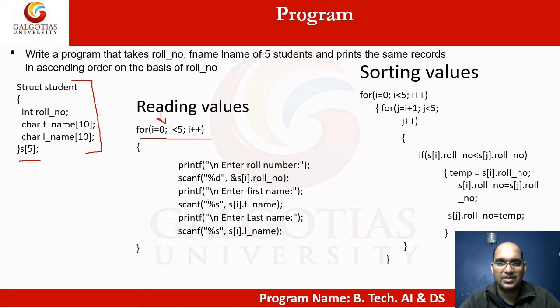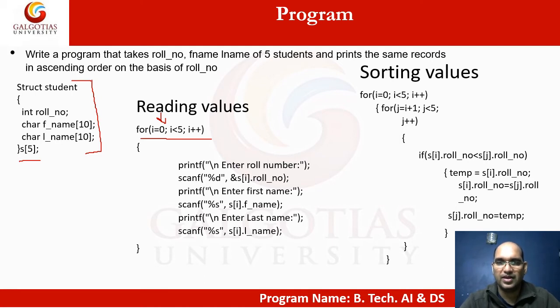So the first roll number will be stored at s[0].rollnumber. Same, the first name will be stored at s[0].fname, s[0].lname. Like this, the values will be stored in all the 5 records, that is at s[0], s[1], s[2], s[3] and s[4]. All these records will be stored.